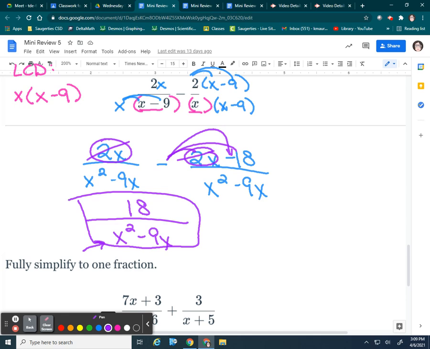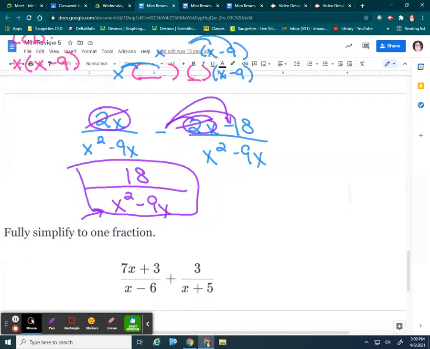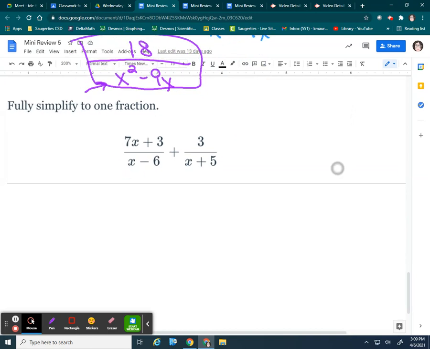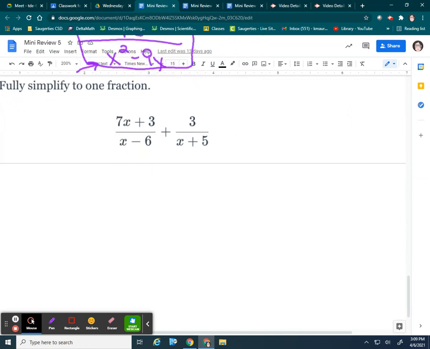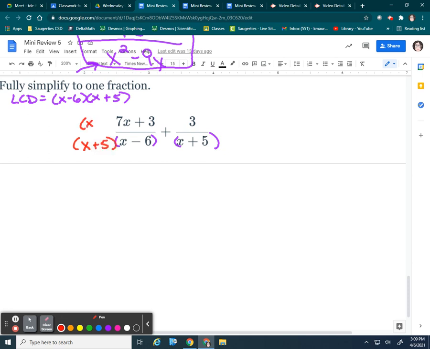Okay, last problem. Same thing, but in the denominator we have an x minus 6 and an x plus 5. Again, those are two completely different factors. So our least common denominator is a combination of those, x minus 6 times x plus 5. So I'm going to make those two match. So I'll multiply this first fraction by x plus 5.